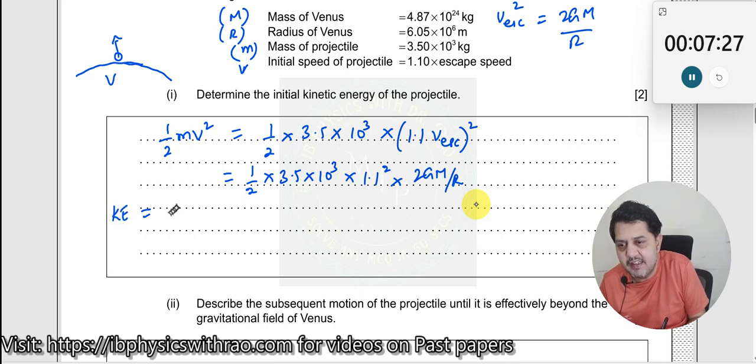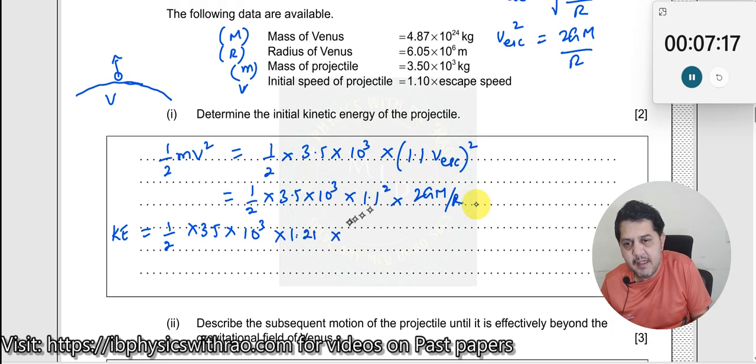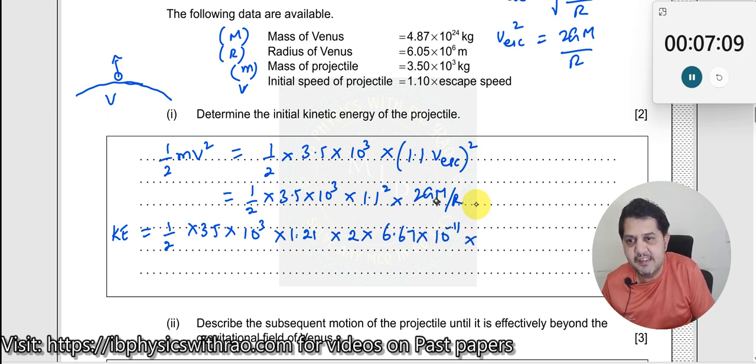I write kinetic energy equals half into 3.5 multiplied by 10 cubed into 1.1 squared, which is 1.21, multiplied by 2 multiplied by G. What is G? 6.67 into 10 to the power of minus 11, multiplied by mass. Which mass is this? Mass of Venus, which is 4.87 into 10 to the power of 24, divided by r.